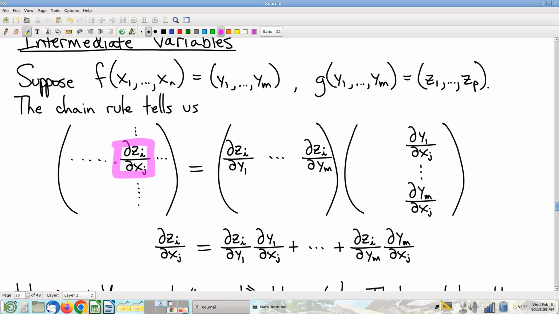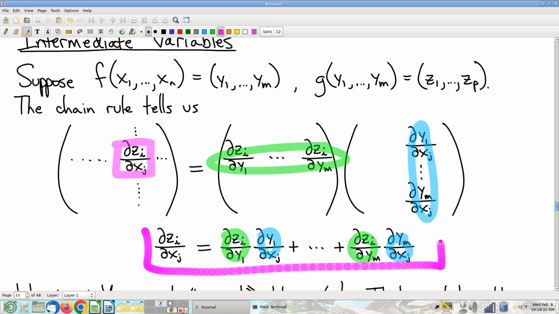The way we compute that is by doing a dot product of the ith row of the left matrix with the jth column of the right matrix, and I can just do that right here. Here's the green entries, here's the blue entries, and that's how we compute dot products.